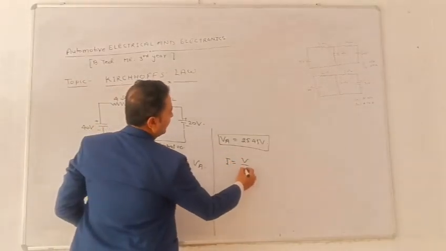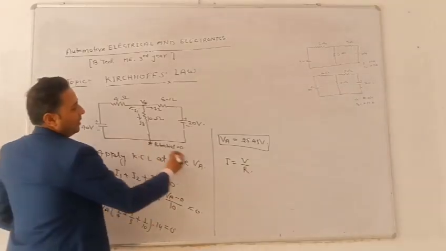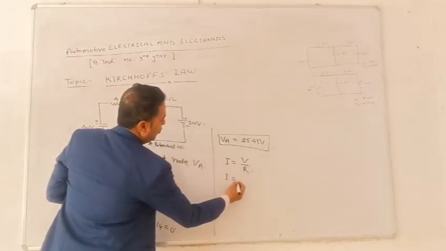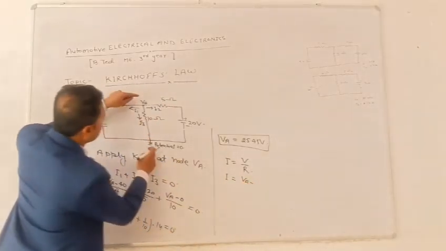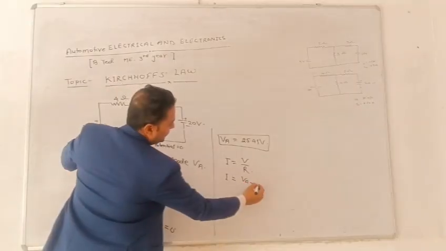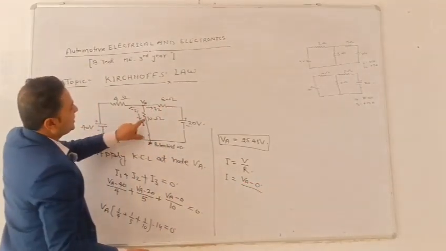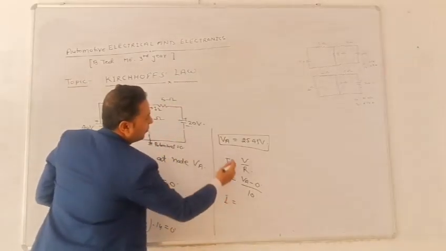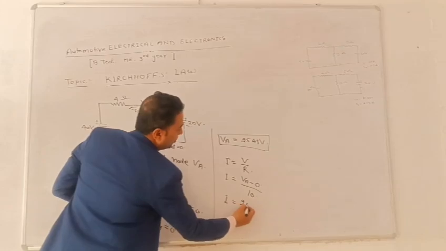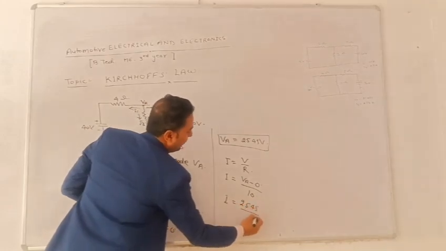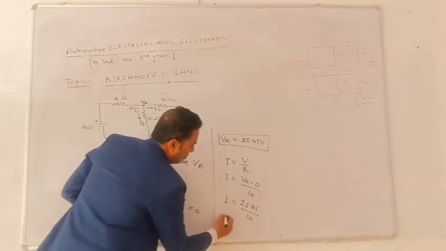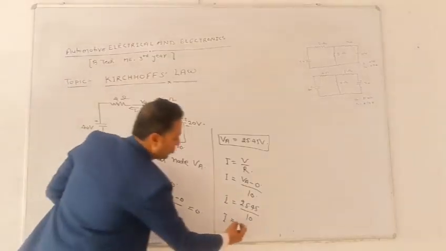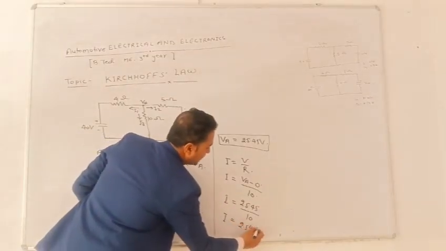Current is equal to V upon R. In this branch, voltage VA minus the voltage here, 0, and the resistance is 10 ohm. Put the value of VA here, 25.45 upon 10. So the current value in the 10 ohm resistance is equal to 2.54 ampere.